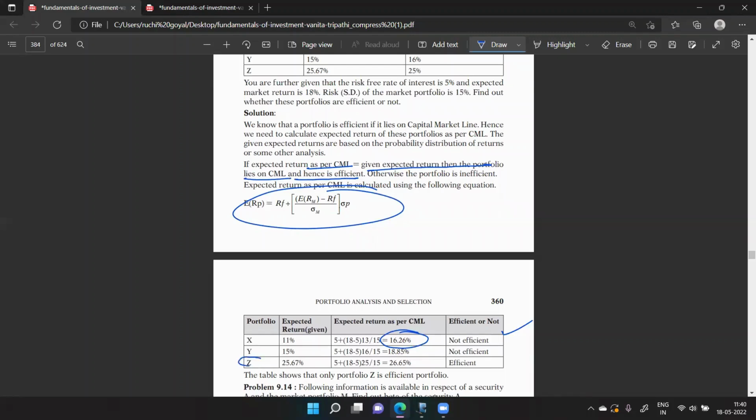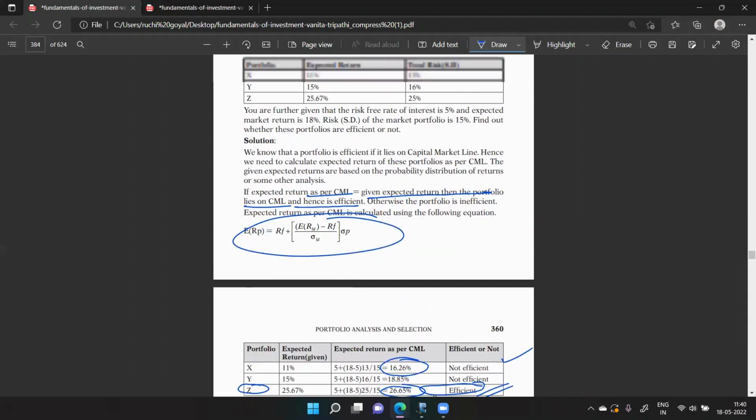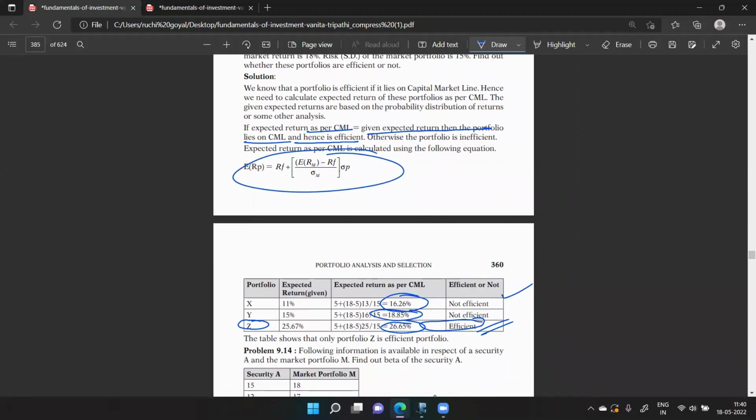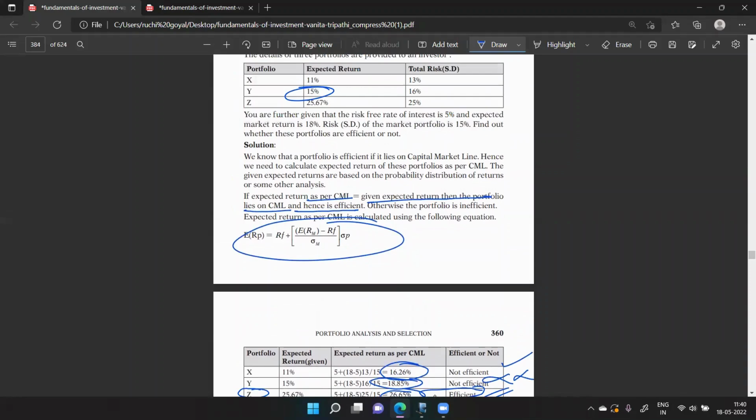Now in Z, it will come out to be approximately equal or greater, so it is efficient. यहाँ पे आपका expected return 15 था and यहाँ पे it is coming out to be 18.85 and hence it is not efficient. ठीक है, ये भी पढ़ लेते हैं for better understanding.